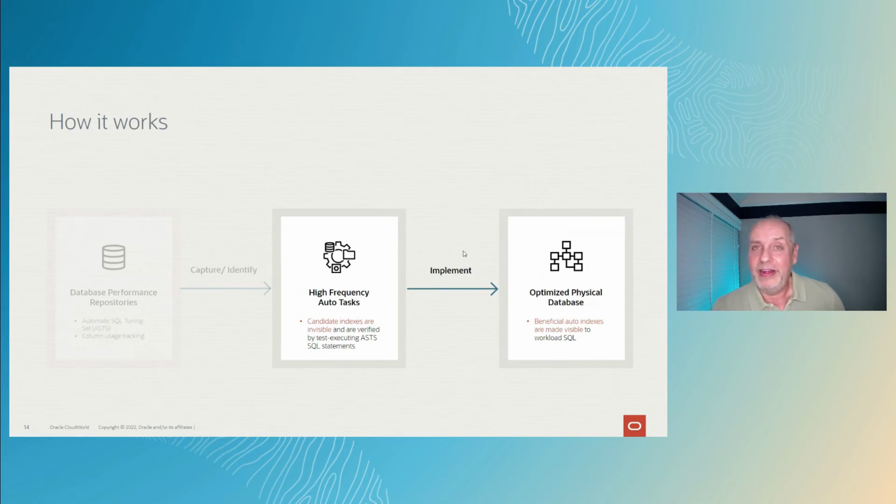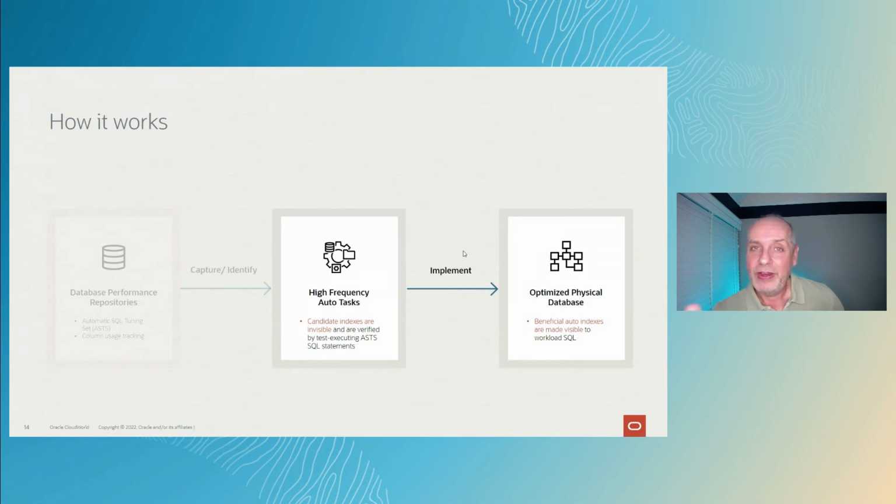Essentially we then make a decision about which ones are beneficial and which ones are not. The net result is an optimized physical database, because the decision is driven by real performance measurements. The beneficial auto indexes are then just made visible, so they are able to be used by the workload. So that's the process.